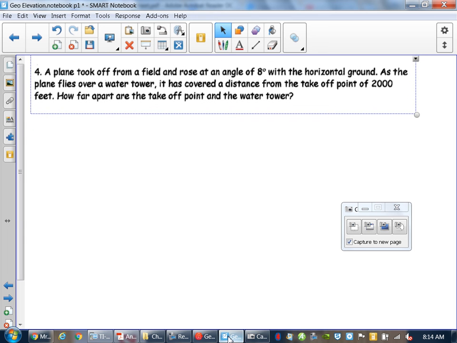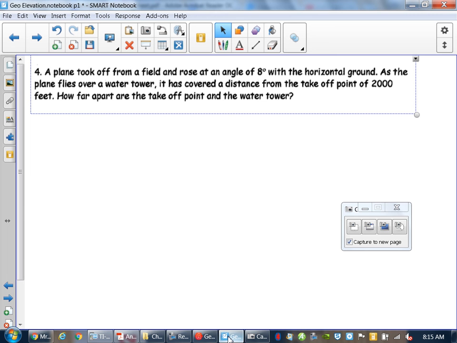I like this one. Number 4. A plane took off from a field and rose at an angle of 8 degrees with the horizontal ground. As the plane flies over a water tower, it had covered a distance from takeoff point of 2,000 feet. How far apart are the takeoff point and the water tower?